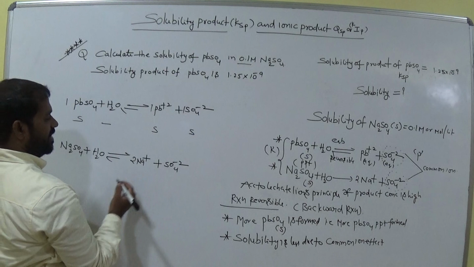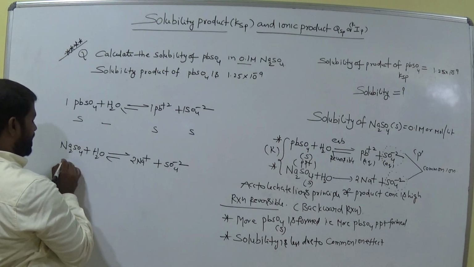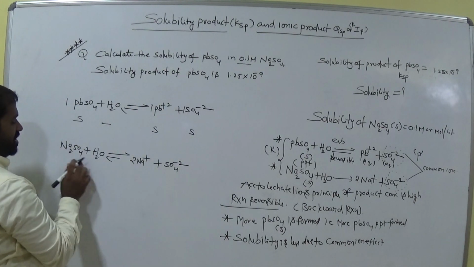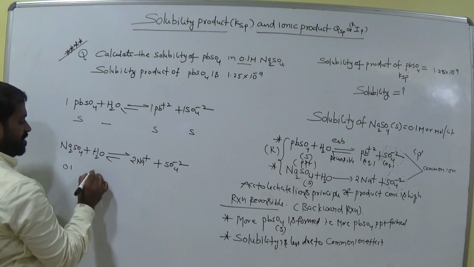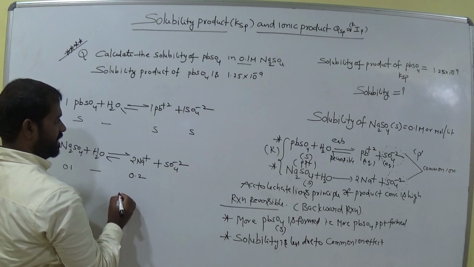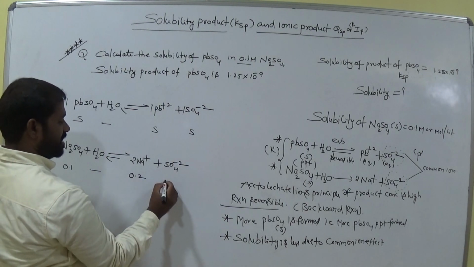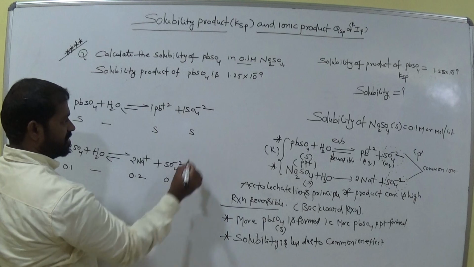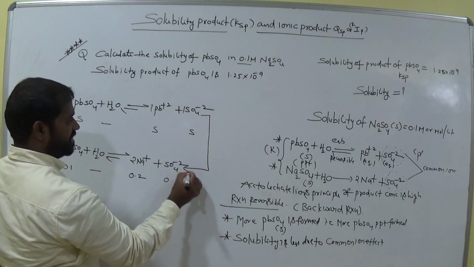Sulfate. Now what is the given solubility of this one? That is 0.1. In the problem it is 0.2, am I right? For sulfate ion it is clearly 0.1, am I right? So this is the common ion. We compare these two.